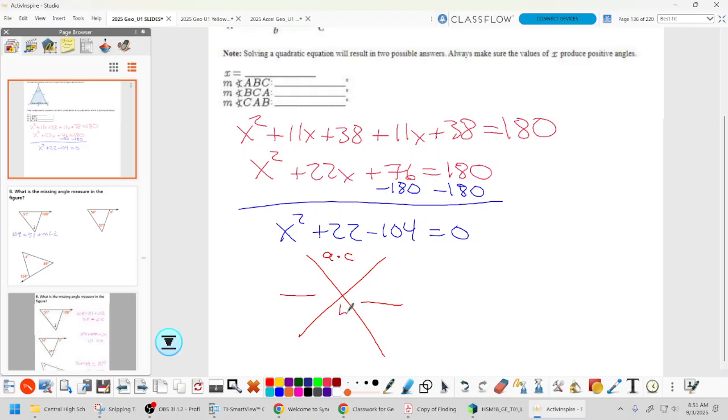A times C, B, A, and A. A in this case is 1, which is awesome. That makes this easier. A times C is negative 104, and B in this case is 22. Looks like I dropped my x. Sorry about that. Okay, are there factors of negative 104 that add up to 22?